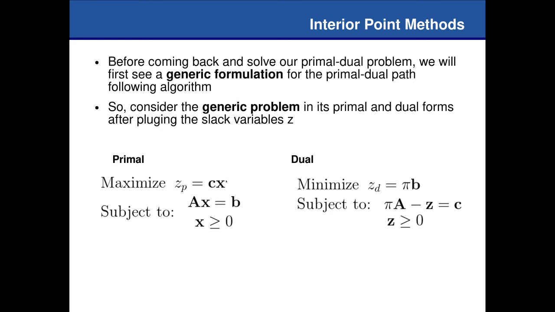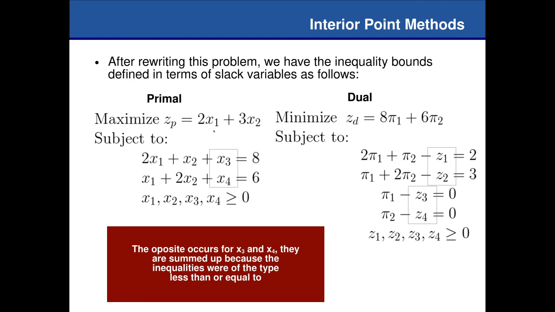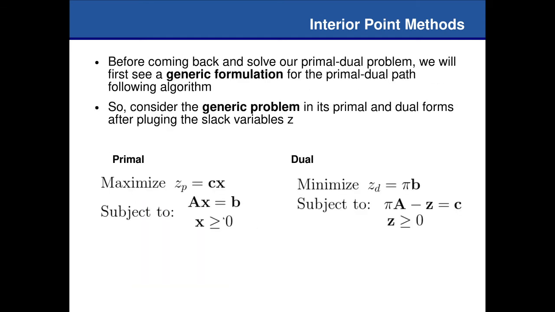When I have X3 and X4 over here, the corresponding coefficients will be multiplied by 0 because there is no x3 or x4 in my objective function. But they happen here, and they must be greater than or equal to 0. So you can see over here that all scalar elements in my x vector must be greater than or equal to 0.